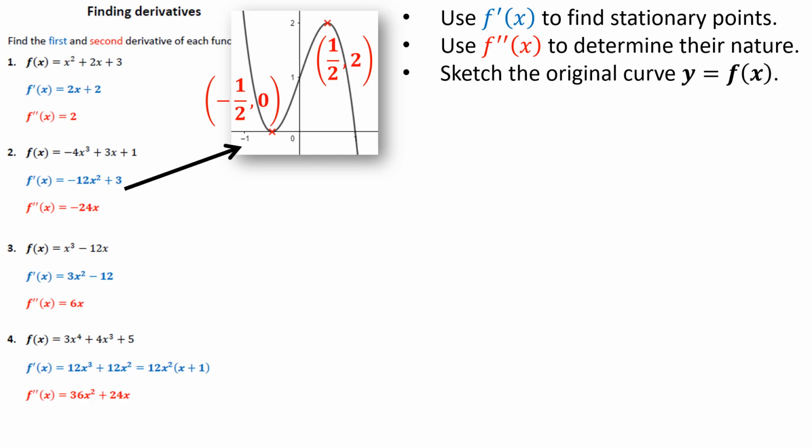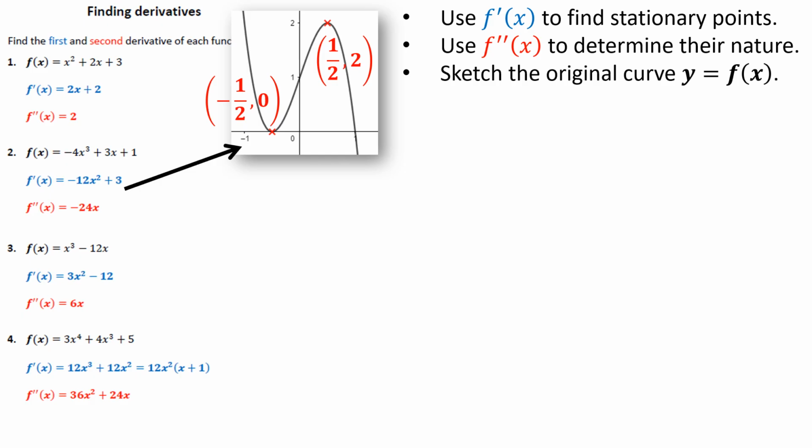If you put in any positive value, like a half, then you'll get a negative second derivative, which means that not only at the maximum point, but also at any point with a positive x value, the curve has a decreasing gradient. Negative second derivative, decreasing gradient. And for any negative value of x, the curve has an increasing gradient, including the stationary point at minus a half, where the curve's gradient is also 0.